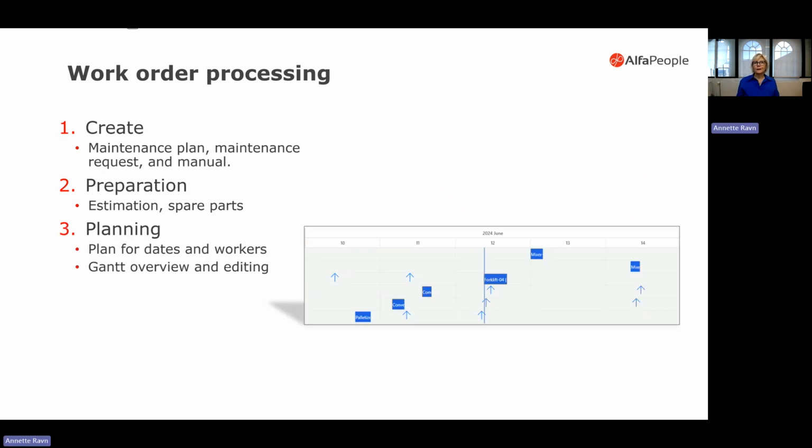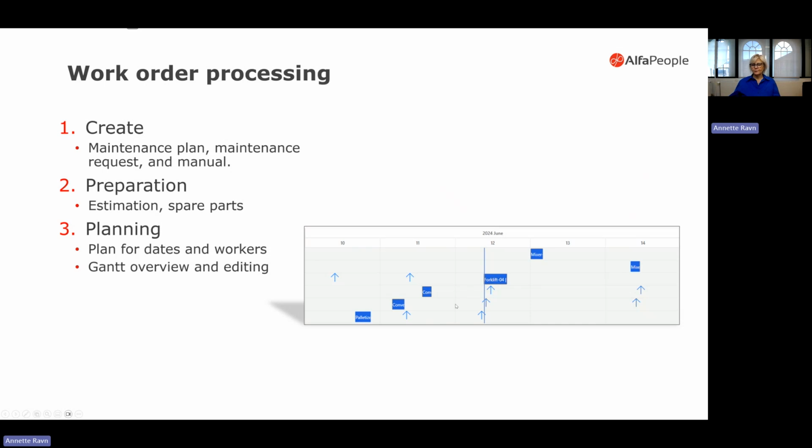Then we need to plan it. Part of the planning is to dispatch it, to give the work order to a specific worker and for a specific date. So we can have some expected start and end date, but then we have to plan it for what's actually possible. And you can see here that it can be presented in a Gantt chart.